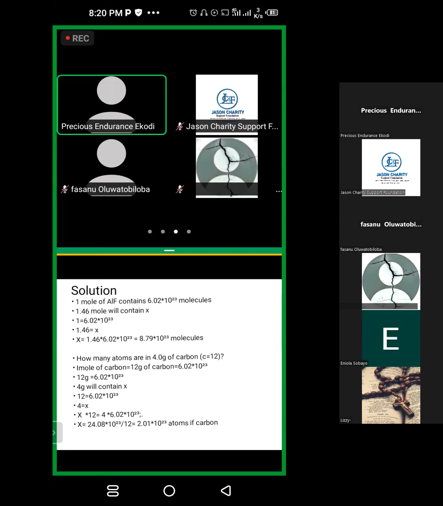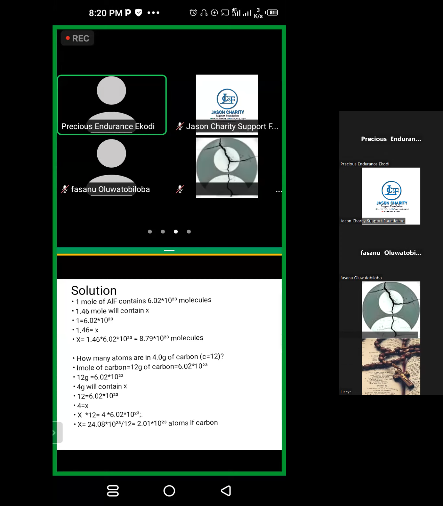Equating, 12 equals 6.02 times 10 raised to 23, and 4 equals X. So 12 times X equals 4 times 6.02, and then the next line we have X equals 24.08.